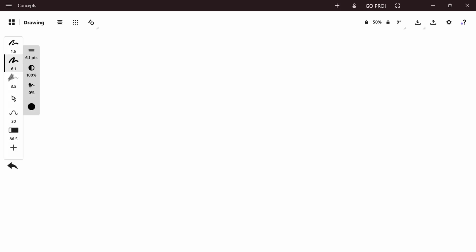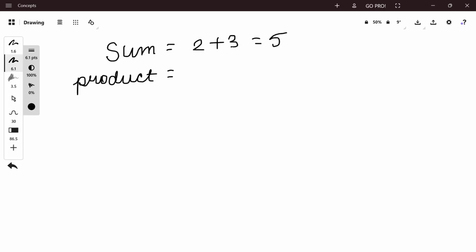Given roots are r1 as 2 and r2 as 3. Sum is equal to r1 plus r2, which is equal to 5, and product is equal to r1 into r2, which is equal to 6.